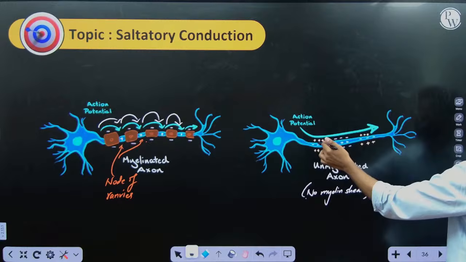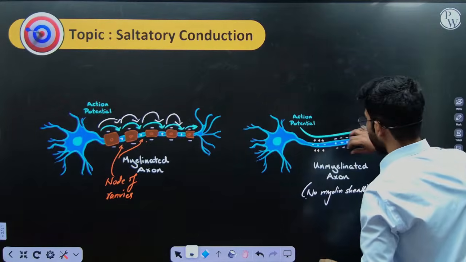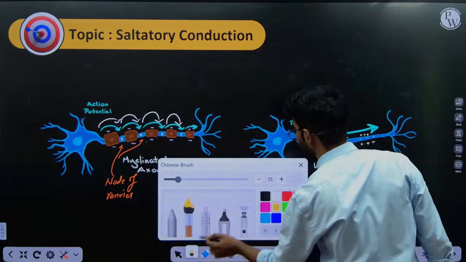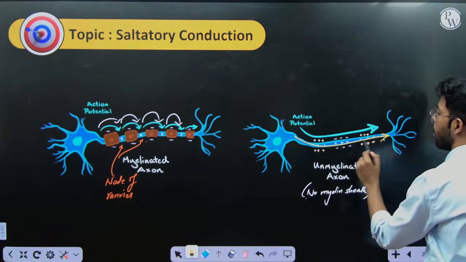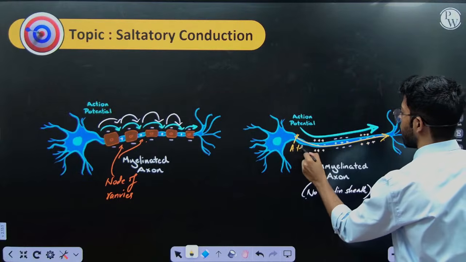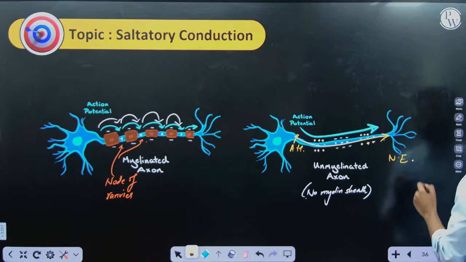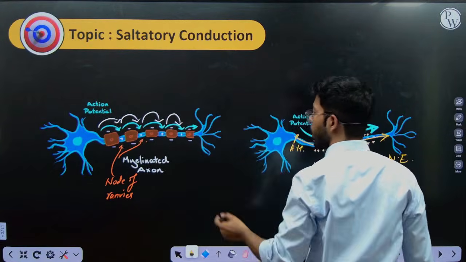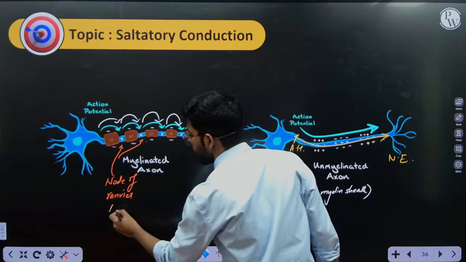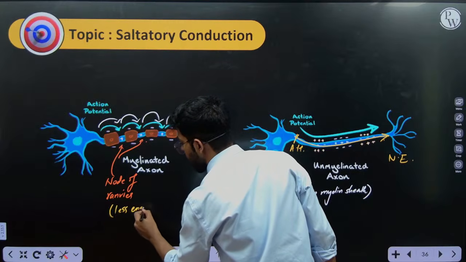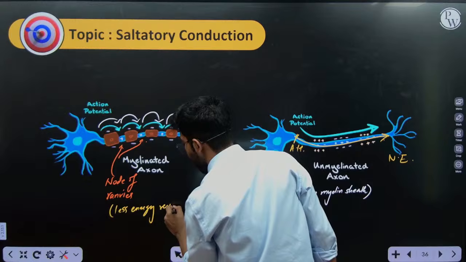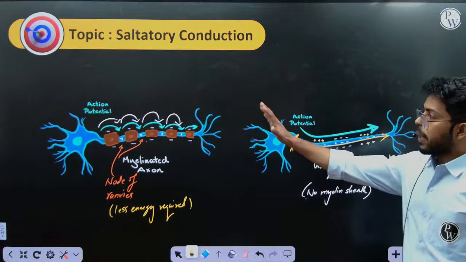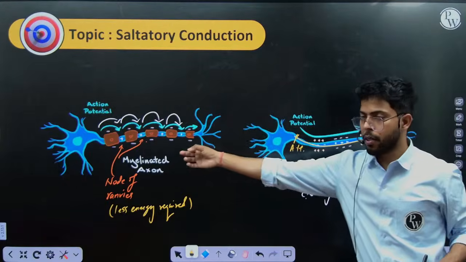There is plasma membrane, and the action potential runs across the whole axon, from the axon hillock to the nerve ending, but not in a jumping manner, and more energy is required. So these are the saltatory conduction, and it is very fast.